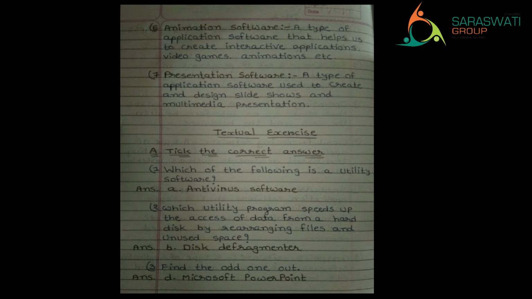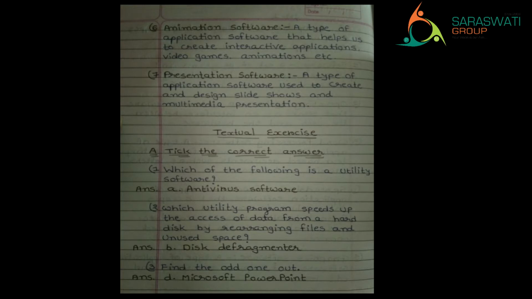From those 4 options, first option, that is A, antivirus software, is the correct answer, right? Because others are general purpose or specific purpose application software, while the antivirus software is utility software which is actually saving our computer from the damage of virus, right?